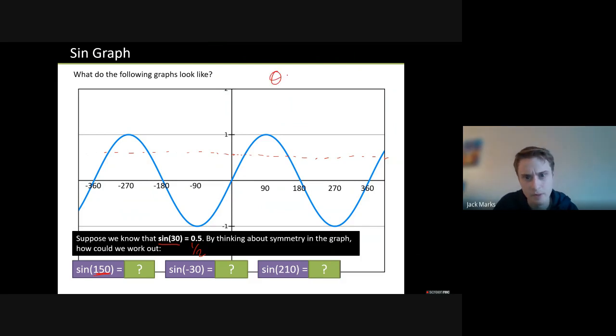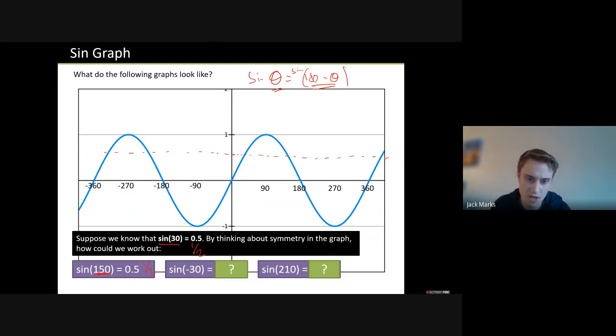Do you remember from earlier with the ambiguous case? We said that when we're looking at sine, if we have an angle here, 180 minus that will give you the same answer. So sine of 150 must also be a half if sine of 30 is a half.